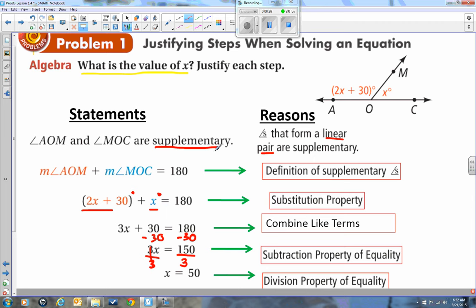They are supplementary. So then we follow logic and start moving into our math problem by substitution and solving for x. Now, every proof is going to be different, but the steps are the same as far as look at the diagram, look at what you're supposed to try to prove, and go through your evidence and bring it down to one answer.